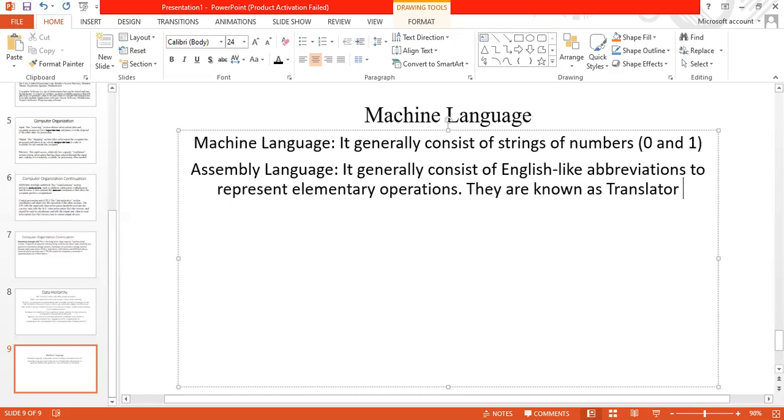Also, we have what is called the high-level language. High-level language and compiler. Now, compilation. After they store and they release it to you. I will give a physical example.